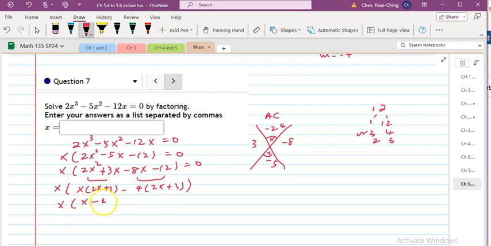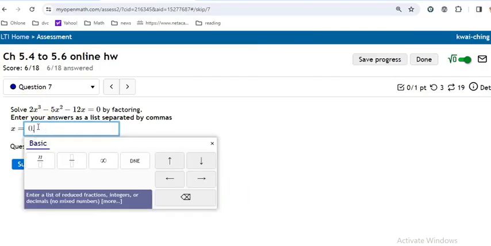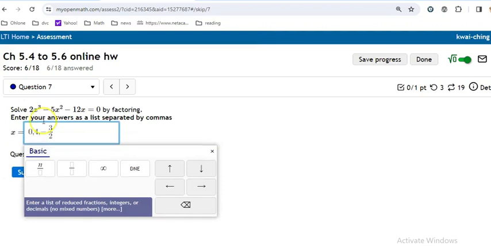So I will write (x minus 4)(2x plus 3) equal to 0. So x is equal to 0, x is equal to 4, and 2x plus 3 is equal to 0, 2x equal to negative 3, x is equal to negative 3 over 2. The answers are 0, 4, negative 3 over 2.